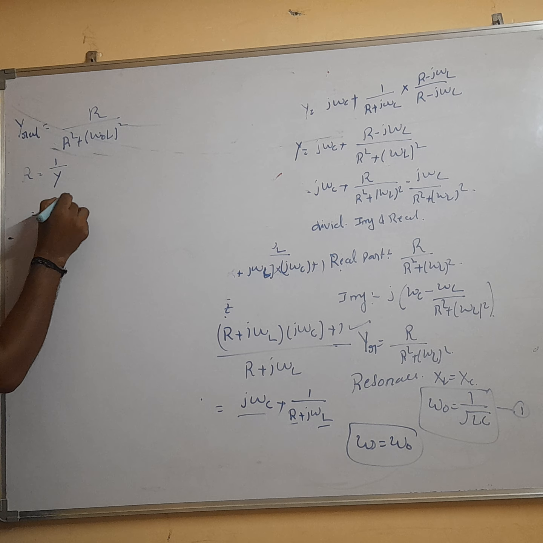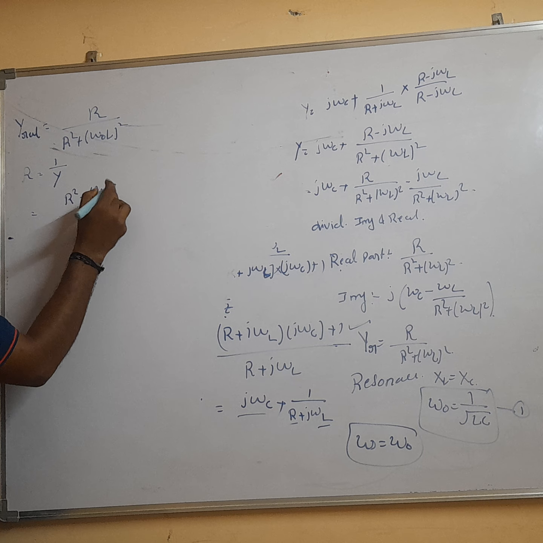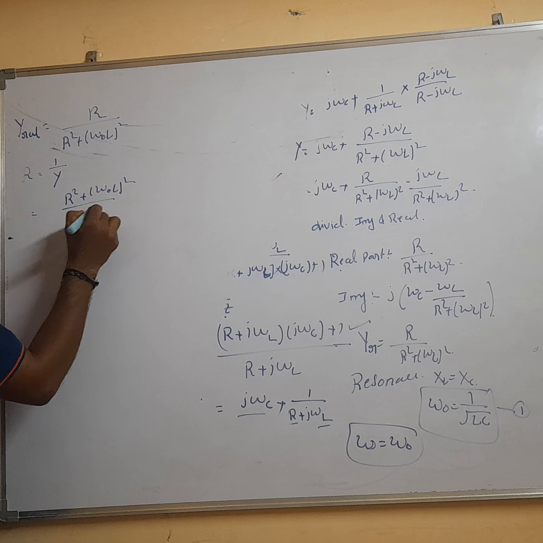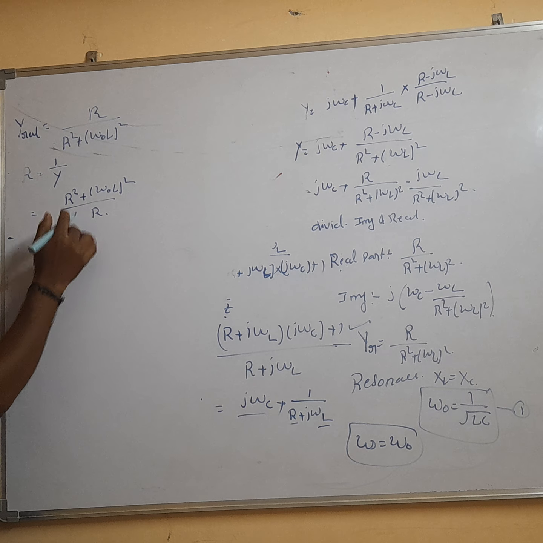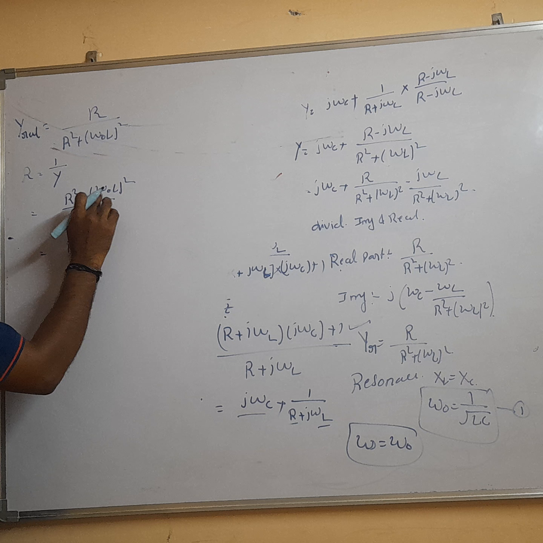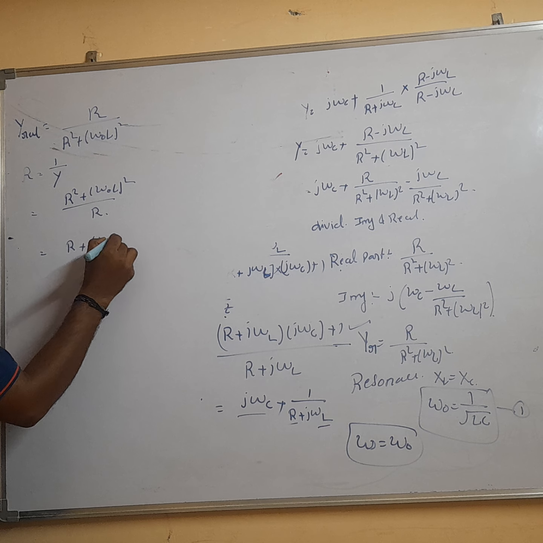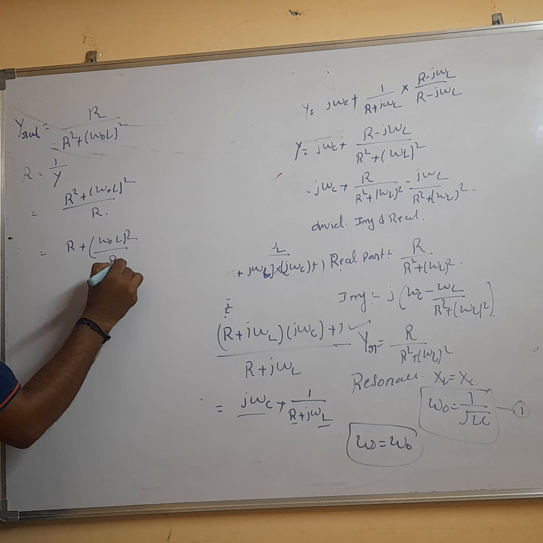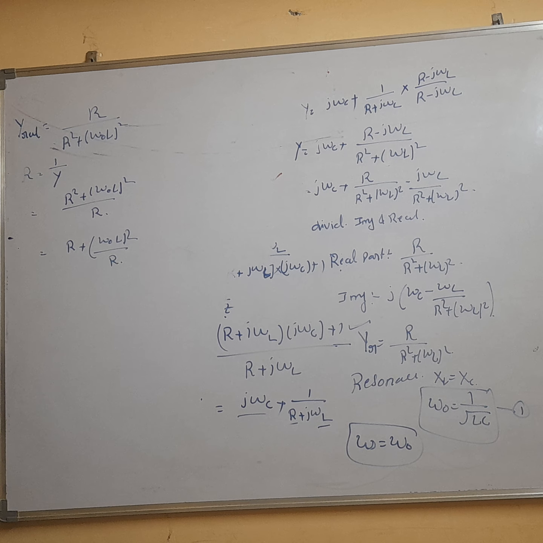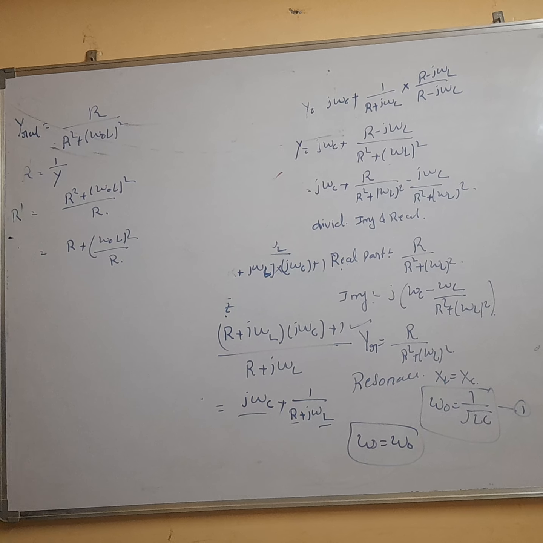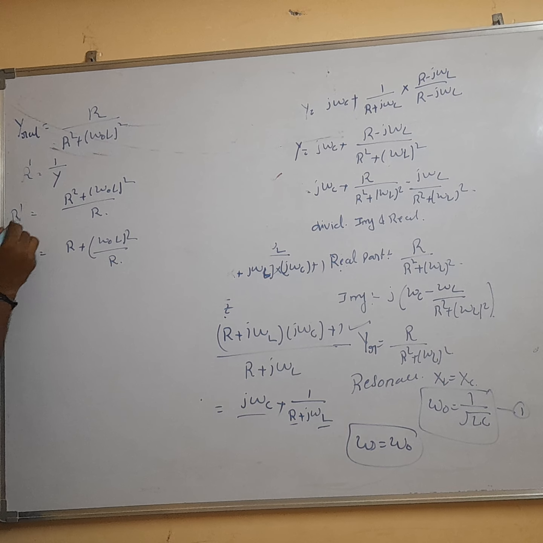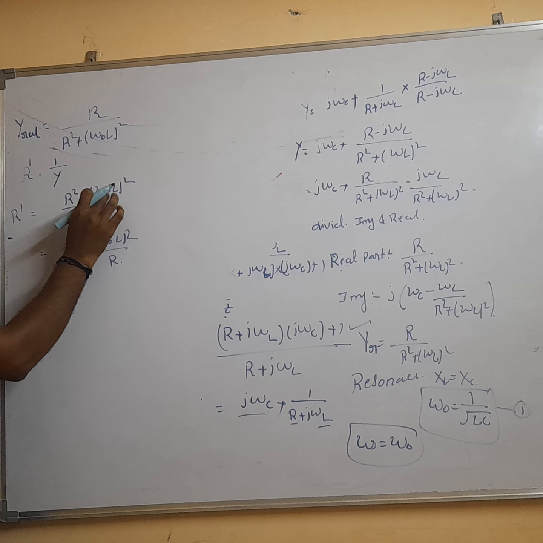From this, R square plus omega naught L whole square by R, again we can find the real part. R dash is equal to 1 by Y. R dash is equal to R square plus omega naught L whole square by R.